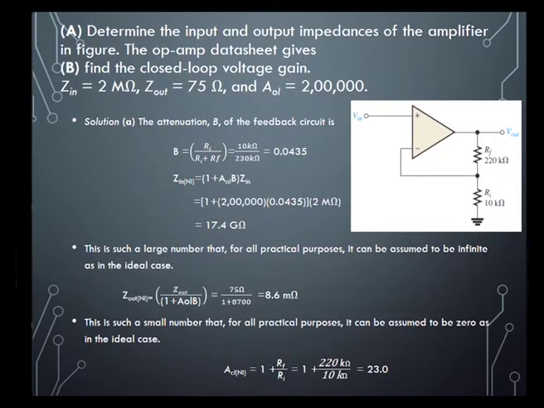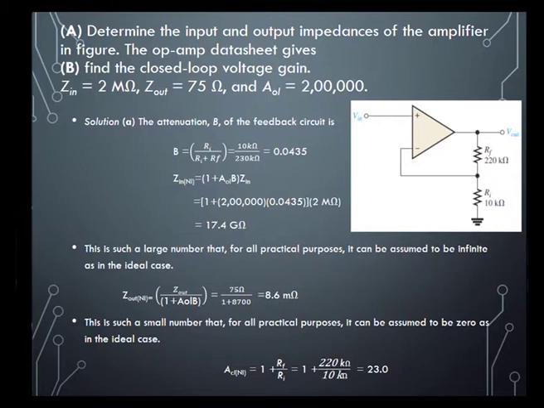Determine the input and output impedances of the amplifier in the figure. The op-amp data sheet gives the closed loop voltage gain, Z in is equal to 2 mega ohm, Z out is equal to 75 ohm, and open loop gain is equal to 2 lakhs. We know all these values, we need to find the input and output impedances.